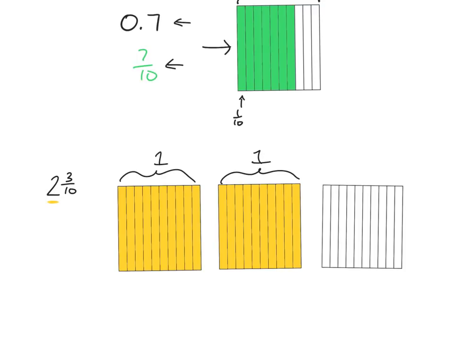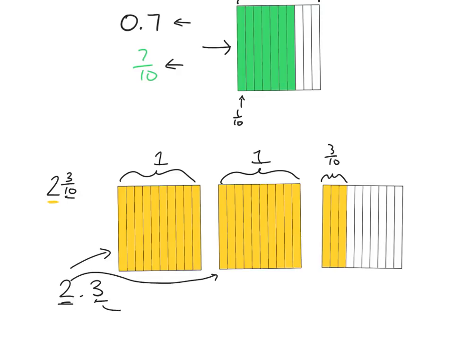That gives me 2 wholes total, and then I'm going to represent 3/10. So I'm going to fill in 3 of the 10 equal parts on the second one. This little section is equal to 3/10. So I've made 2.3 or 2 3/10. I've represented that with my area model because I have 2 wholes filled in, one right here and one right here, and then my 3/10 is represented in this area model right here.